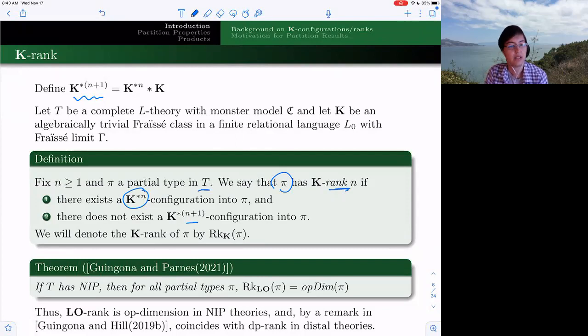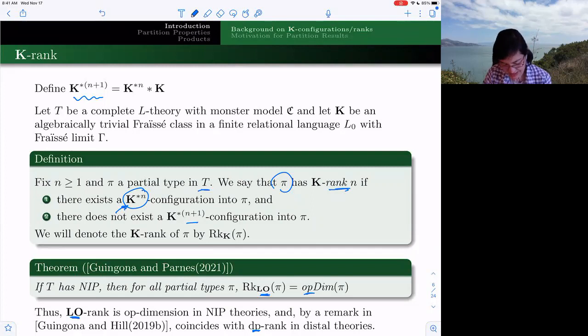In their previous paper, they looked at when T has NIP, and then this linear order rank is OP dimension. So there's something that Vince and Cameron had worked on. That would mean this rank coincides with dp-rank in distal theories. I guess what they're looking to do is try to capture some of these known ranks, but then they have some control over the configuration, and it allows them to do these rank calculations.